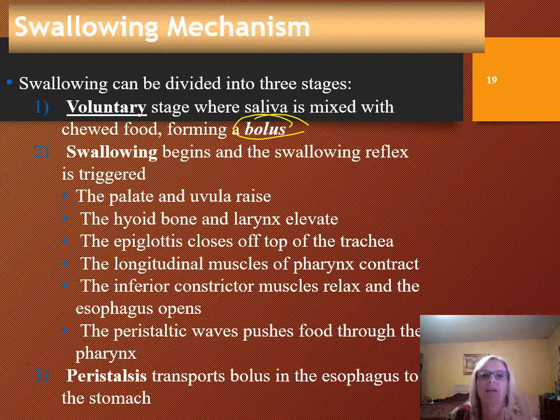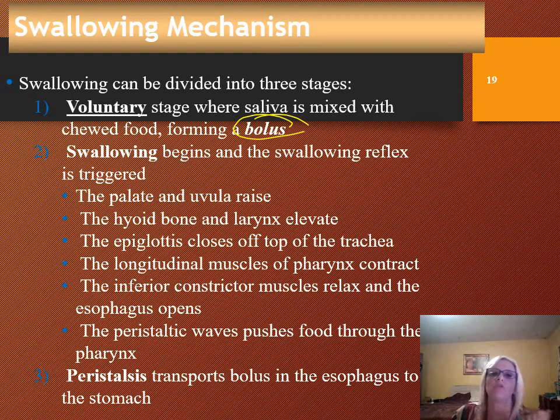The flap-like structure attached to the larynx, called the epiglottis, is going to close off the top of the trachea so that food is less likely to enter the trachea. The tongue is then going to be pressed against the soft palate and the uvula and seals off the oral cavity from the nasal cavity. Longitudinal muscles in the pharyngeal wall will contract, pulling the pharynx upward towards the food. Okay, so it's going to pull that up towards the food.